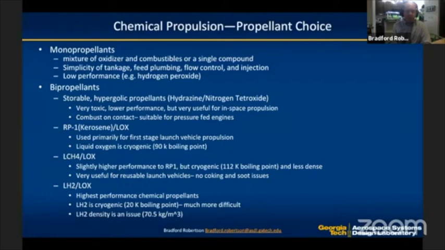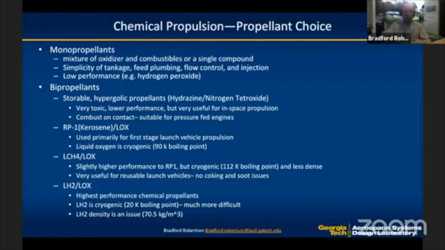One drawback is that liquid oxygen is cryogenic, with a 90-degree Kelvin boiling point. Another propellant combination that we're starting to explore a lot lately is liquid methane and liquid oxygen. It has higher performance than just kerosene, but the liquid methane is cryogenic with a 112-degree Kelvin boiling point and less dense.